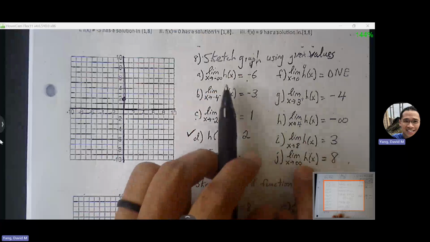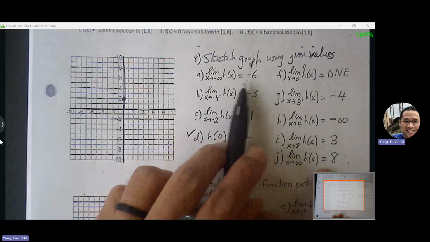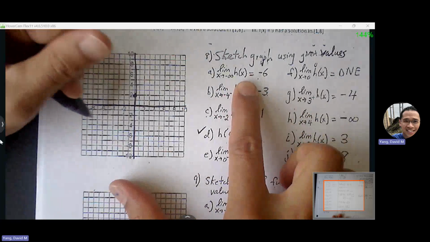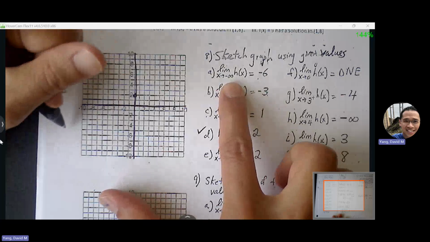If your limit as we approach negative and positive infinity equals a number, that means these are horizontal asymptotes. So you know that this is a guide to show you how your arrow is exiting as we follow left and to the right.